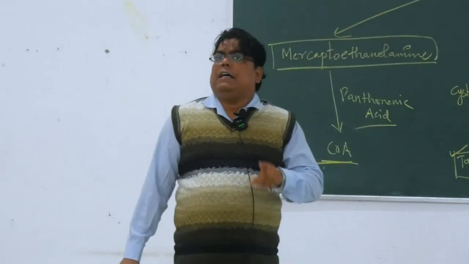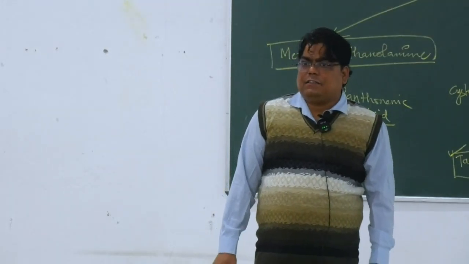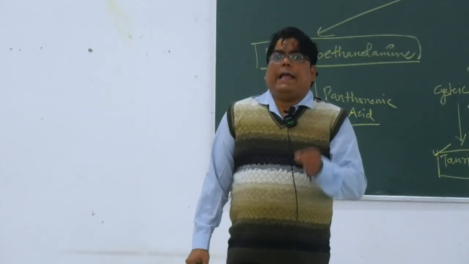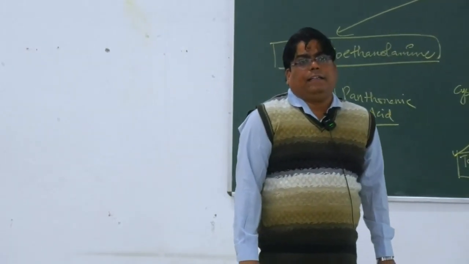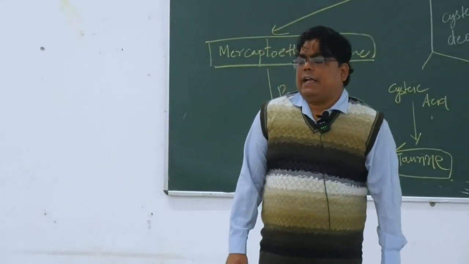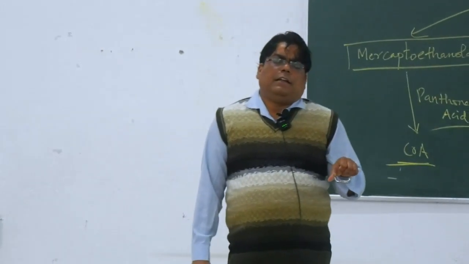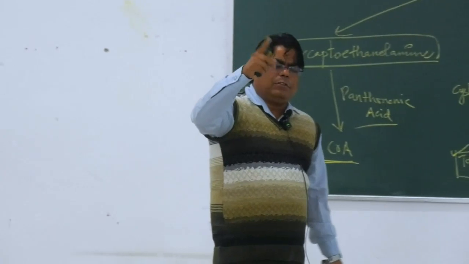So, what we studied in the reaction, methionine firstly does the transmethylation reactions. In the transmethylation reaction, which molecule is formed? S-adenosyl methionine. This is a universal methyl donor. With the help of enzymes, which enzyme is required here?